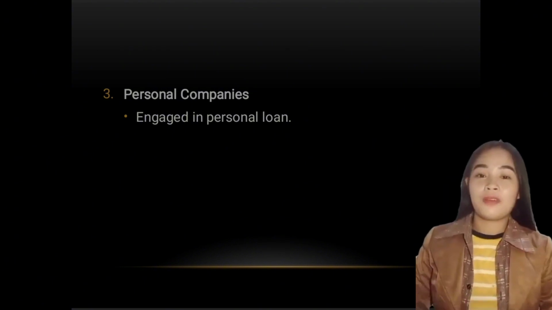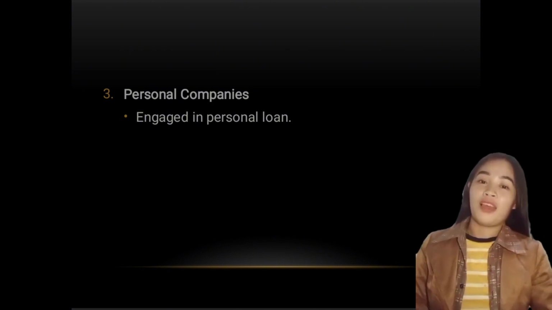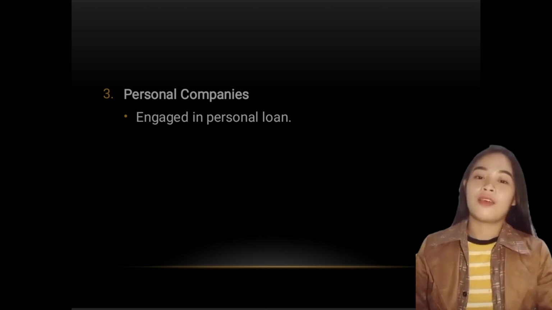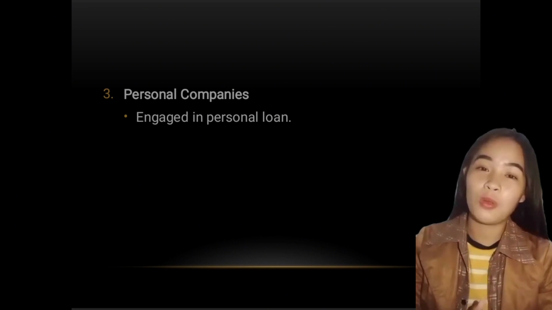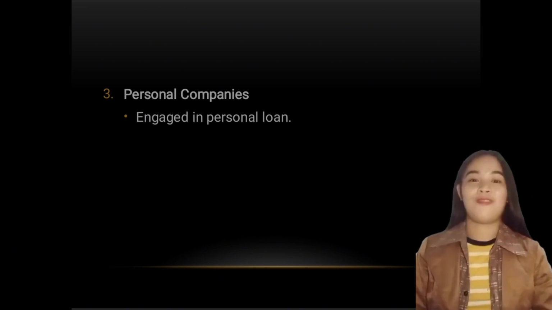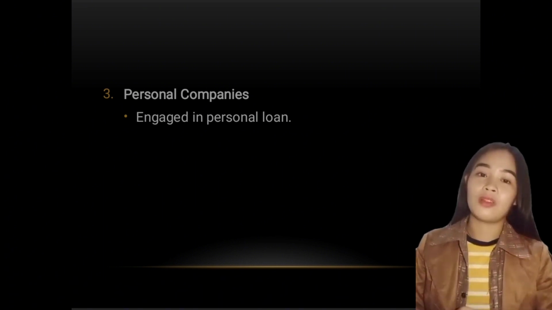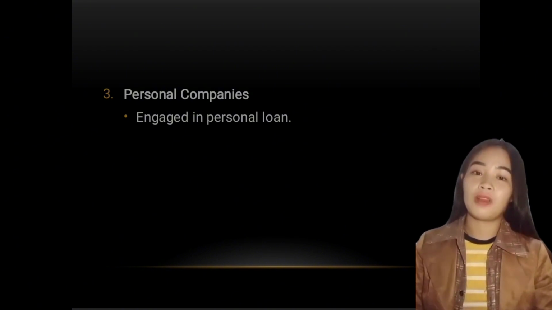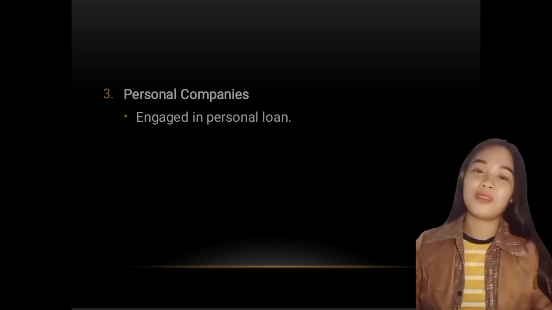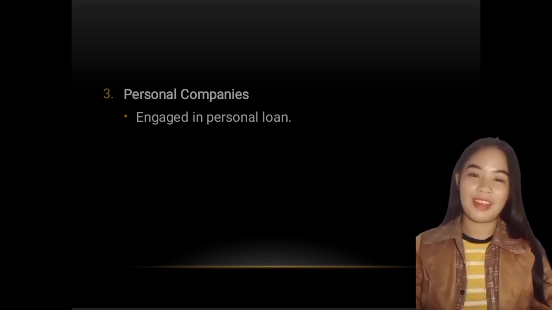Like what Ma'am Chen said, she loves to invest her money rather than save it. It's a good example of how to save your money and have your own money for your future. It's part of personal finance companies.